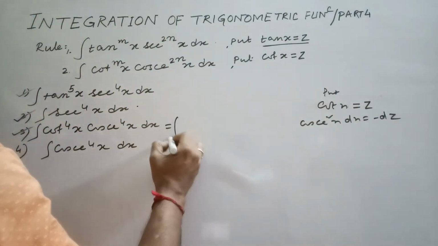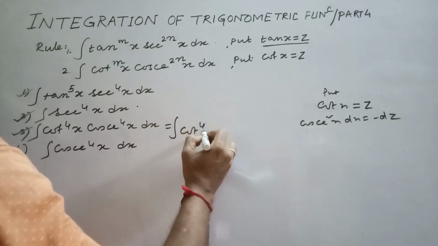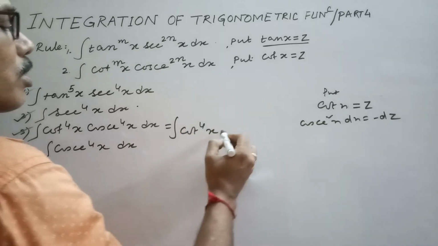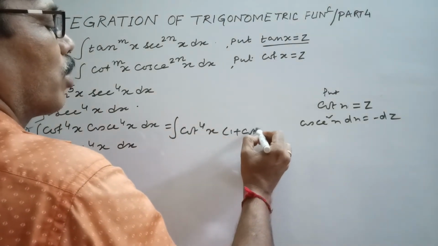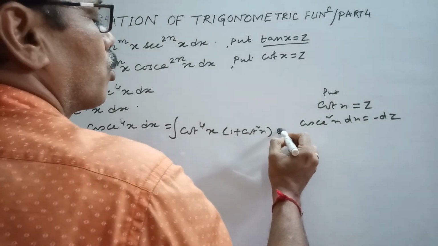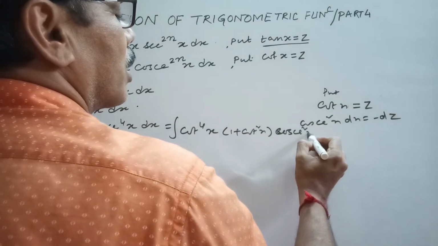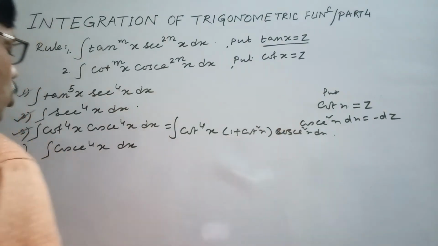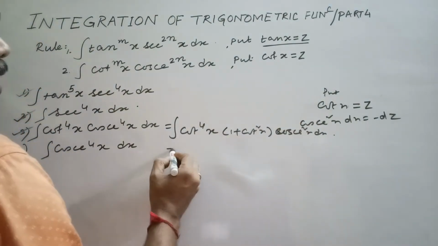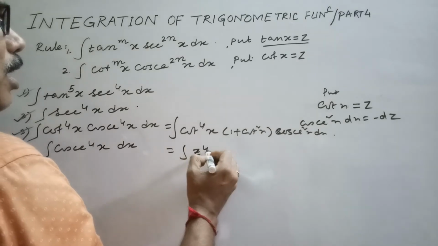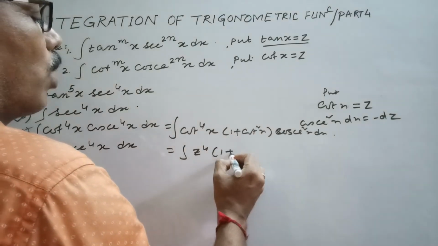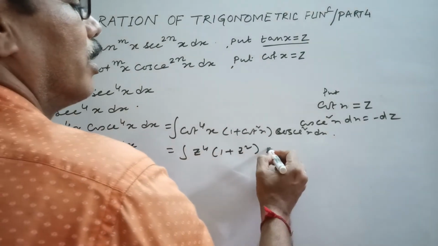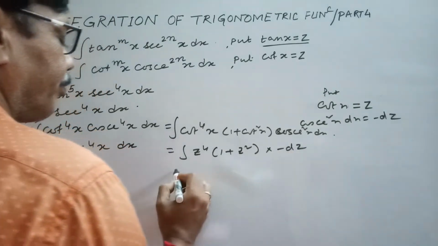So this cot to the power 4 x is unchanged. This is 1 plus cot square x into cosec square x dx. So the remaining is the same: cosec square, cosec square, cosec 4. Now you can express it in terms of z. 1 plus z square into minus dz.